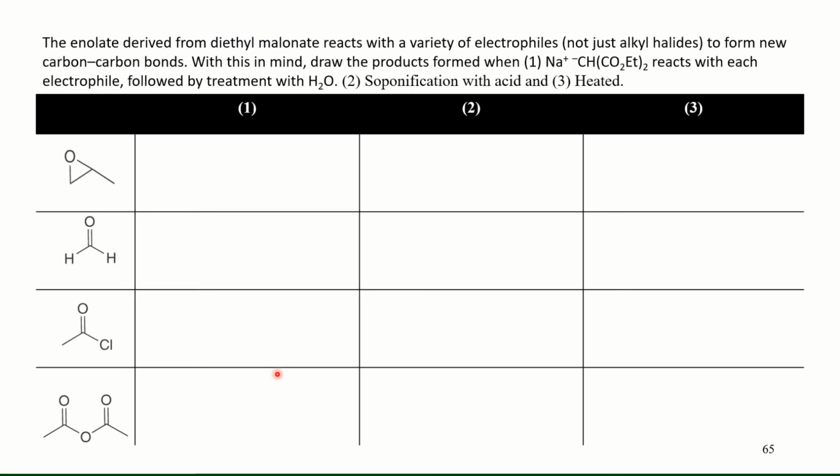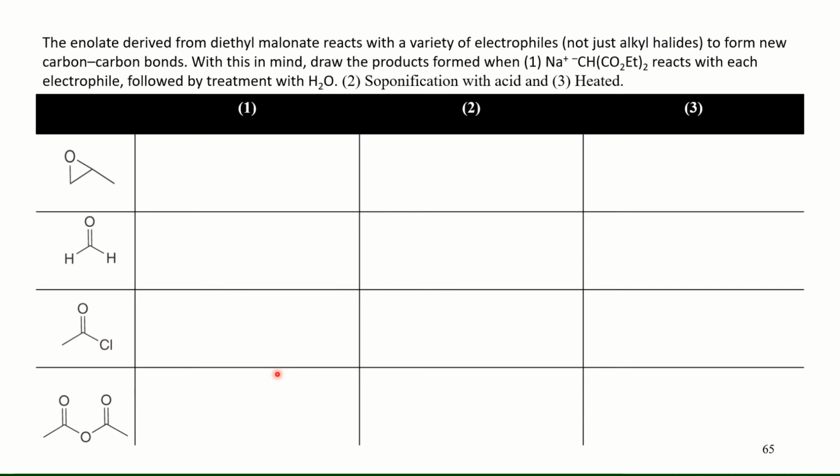What I would like you to do is to pause here, take these problem sets down, and work on them. So in the first column, we have the reaction plus the quench.